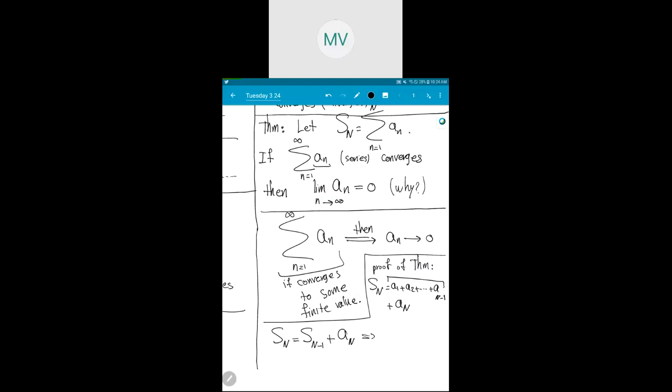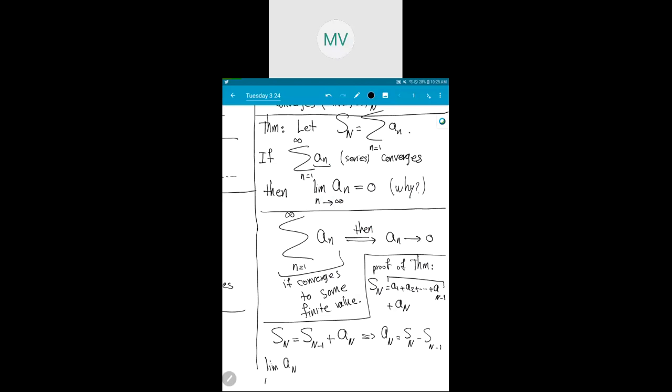So let's solve for A sub n. Algebra: it's going to become S sub n minus S sub n minus 1. Now let's take the limit.